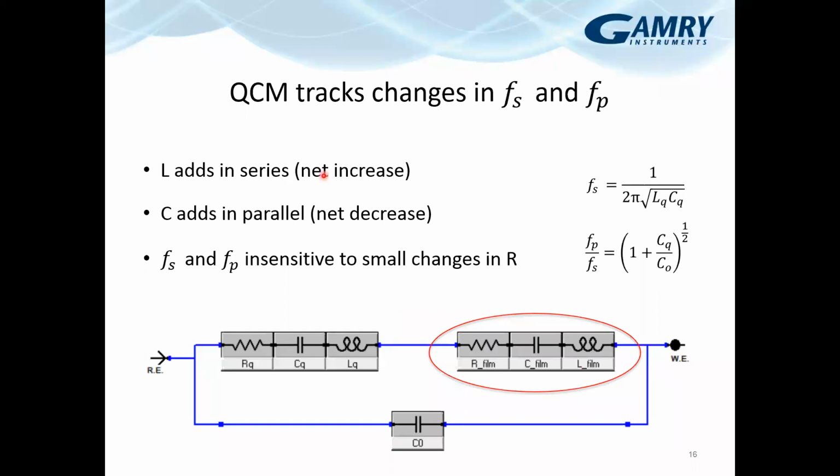And that means that you have an increase in L, and now I'm reiterating from the previous slide, but if you have an increase in L, you expect a decrease in the series frequency.